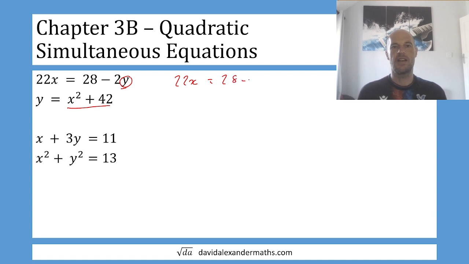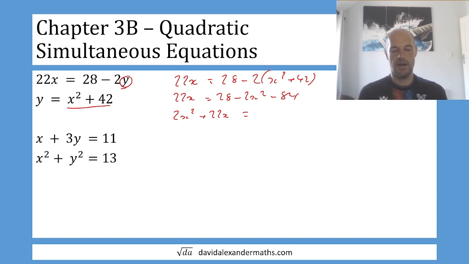So that's 28 minus 2 lots of x squared plus 42. So 22x is 28 minus 2x squared minus 84. Okay, so I'm going to bring the negative 2x squared over to the other side. So that's plus 2x squared plus the 22x equals 28 minus 84.